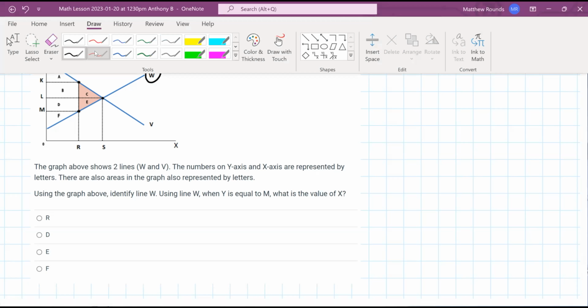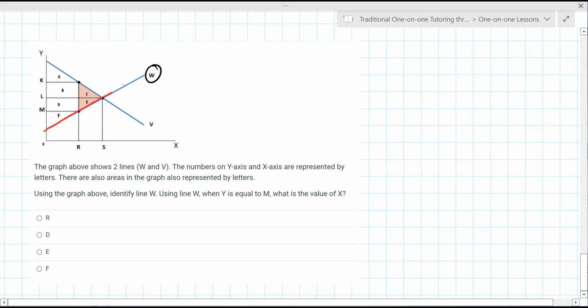Sometimes it's better to make it a different color, so you know that's what you're looking at. When y is equal to m, they're saying there is m, and that's the y value right there. They want to know what is the value of x. So you have to identify this curve. Think of this as like 2, 3, and 4.